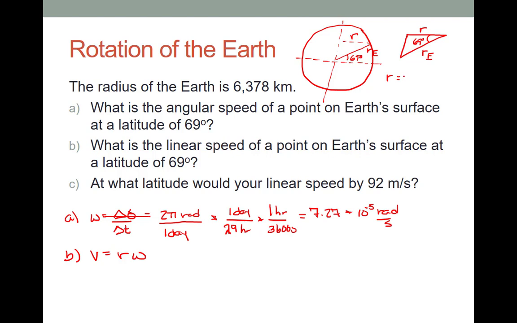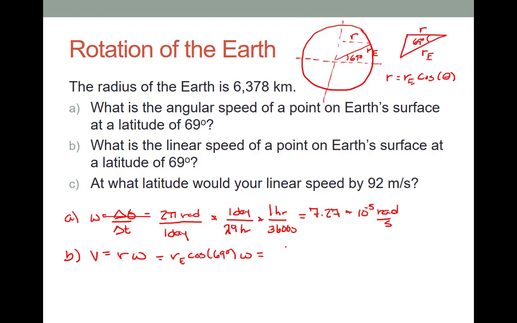the radius of the Earth times the cosine of whatever angle that is. For part B, that angle is 69 degrees. So I'm going to write v as R_E cosine of 69 degrees times omega.